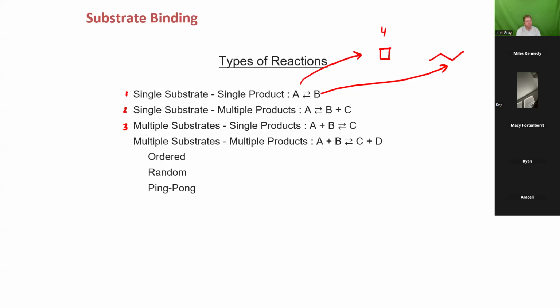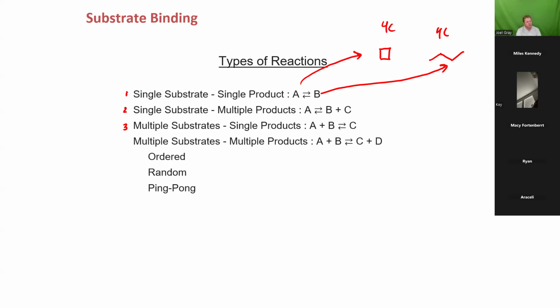So this is 4 carbons. This is a cyclopropane molecule. And this is a linear propane molecule, or butane. Cyclobutane here, a 4-membered ring. And then here is a linear 4-carbon molecule.